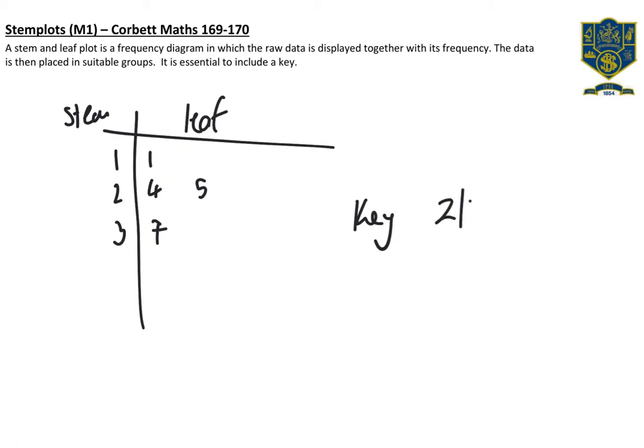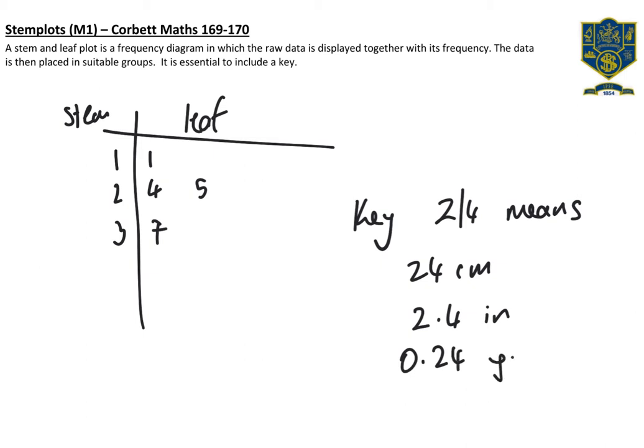So the key might be 2|4 means 24 centimeters, or it could mean 2.4 inches, or it could mean 0.24 years, or whatever the units might be. So the first number, the number that's contained in the stem, is going to be the number in the tens place, or the units, or the first decimal place, depending on how the key represents it. And the number afterwards would then be the subsequent number.